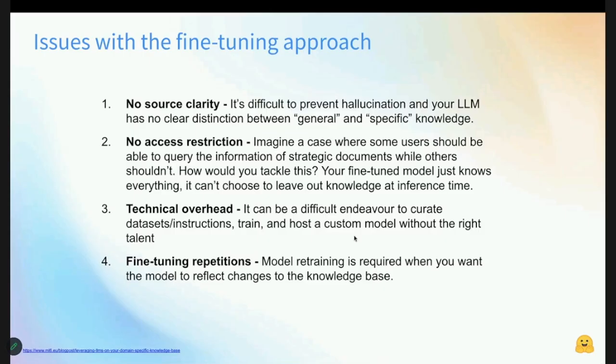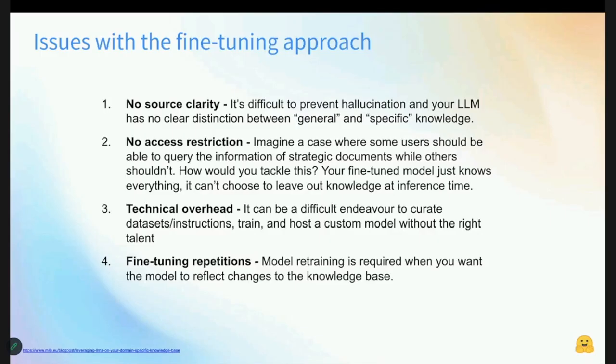And then finally, one of the biggest ones is the need for fine-tuning repetitions. Basically, we live in a dynamic world. The information in the areas we operate in is changing all the time. There's net new information, and there are also updates and edits to previously known information. So if you do this fine-tuning approach to get your LLM to know something about your domain, anytime there's a change or an update, you need to re-fine-tune, retrain that model to reflect those changes.